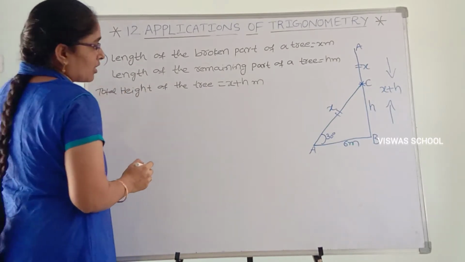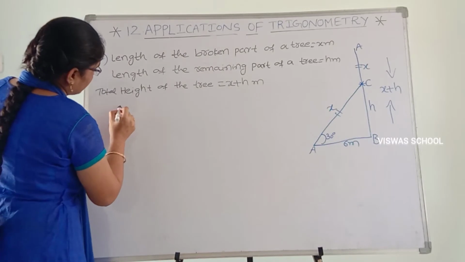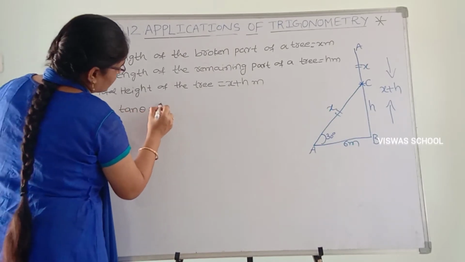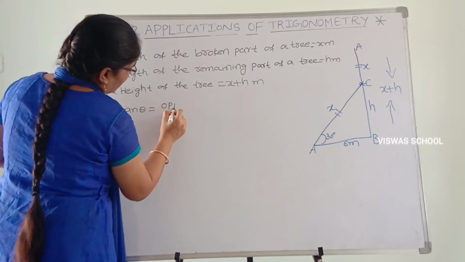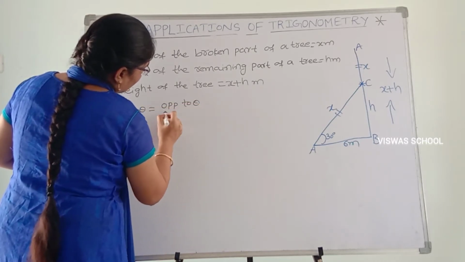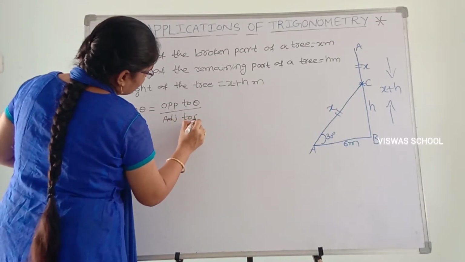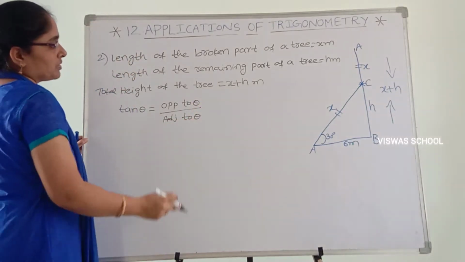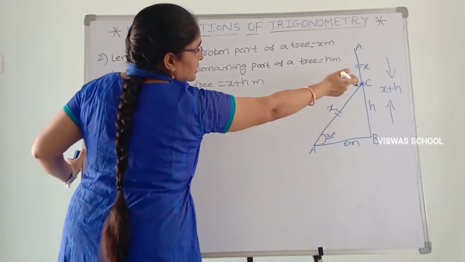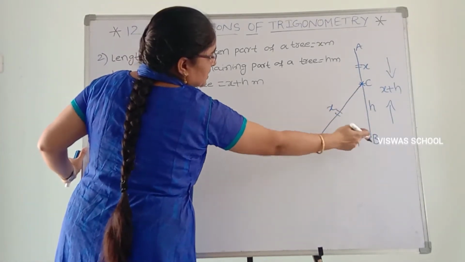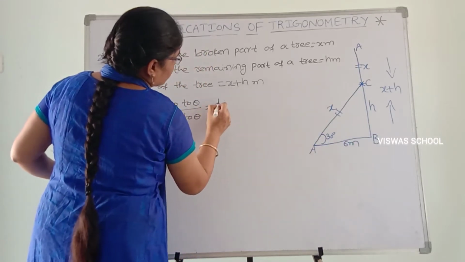Now I am taking tan first. Tan theta is equal to opposite to theta by adjacent to theta. Opposite to theta means, this is theta, then opposite means this is BC by AB.